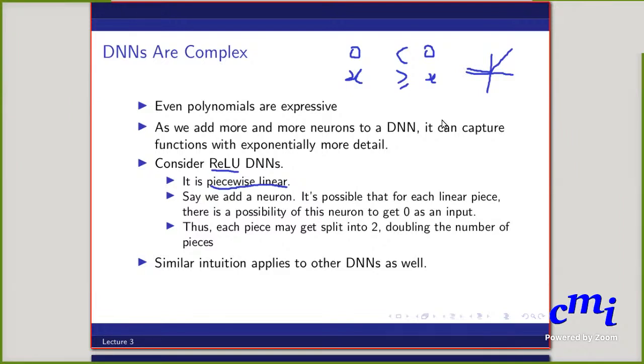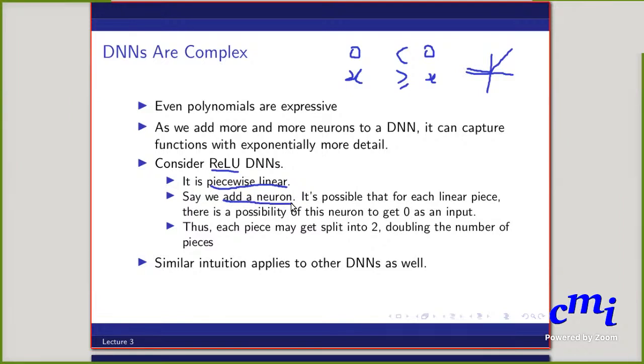So in that case, I come to the question that you're asking, which is what do we mean by they're going to be more compact, right? So let's say that we have some DNN, and we add a neuron. When we add a neuron, I can ask how many new such pieces am I actually introducing?